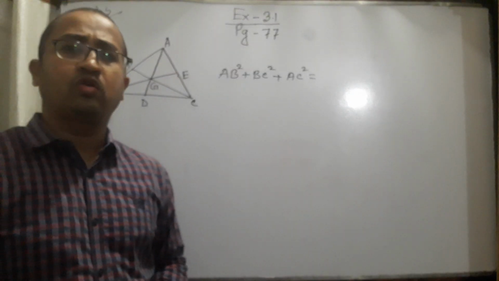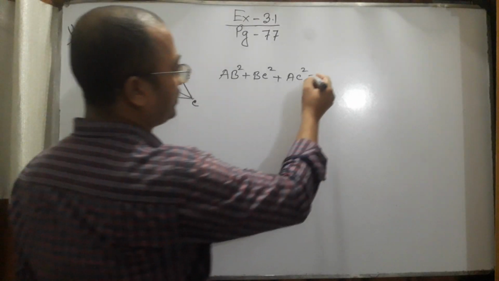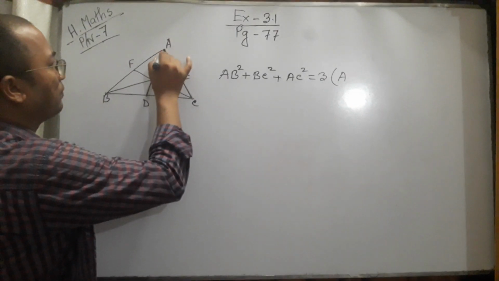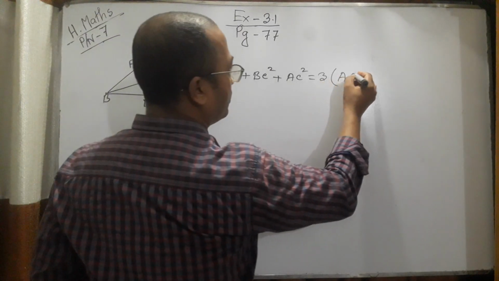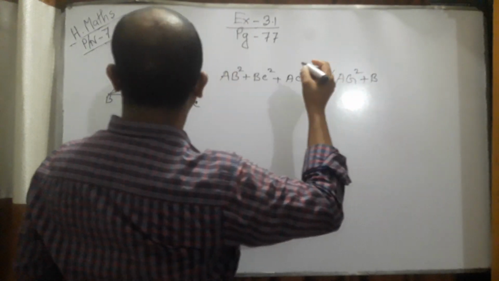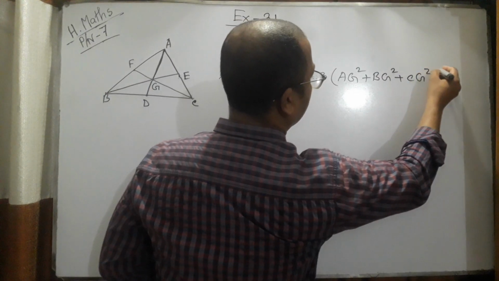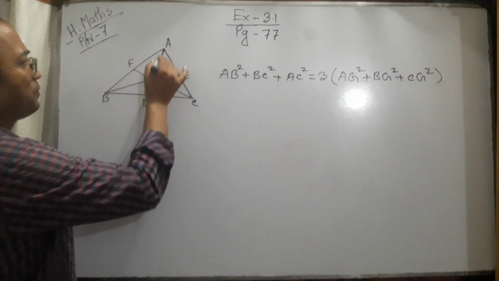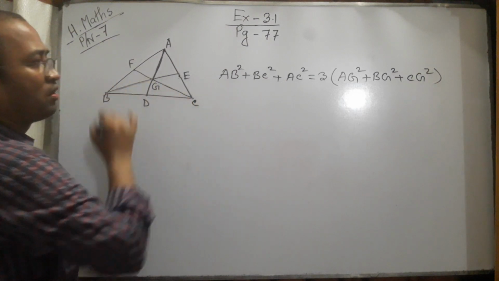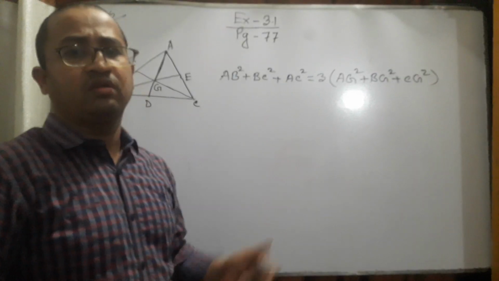That means the square drawn on the sides of the triangle is equal to 3 into AG square, look, AG, this portion, plus BG square plus CG square. I mean the upper portion of the median. Have you understood the question? Now we will prove this from this triangle.